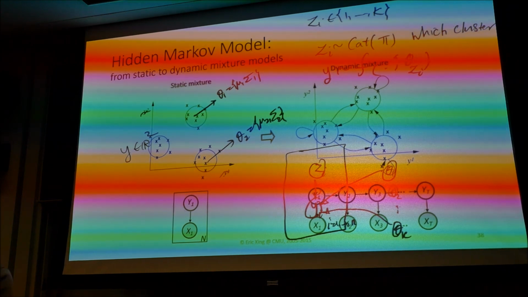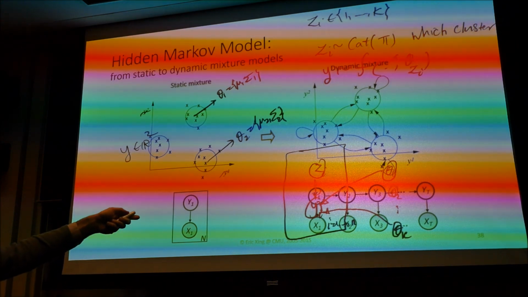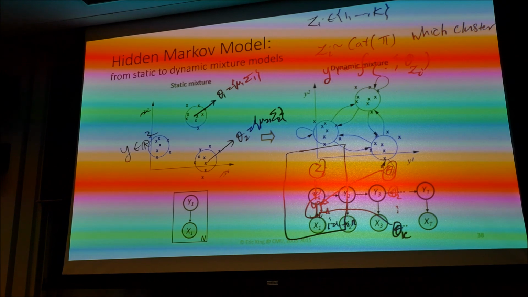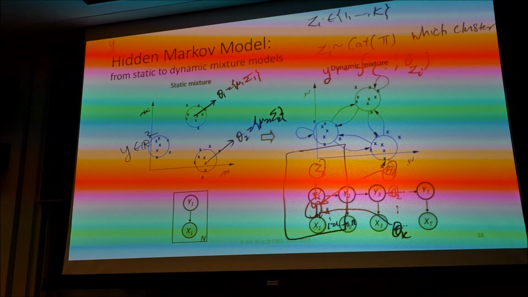Yes? How do you represent that the theta is chosen by the value of Z? Well, how can I represent it? Here I have to say that Y_i is conditioned on Z_i and the theta, right? Do you agree?